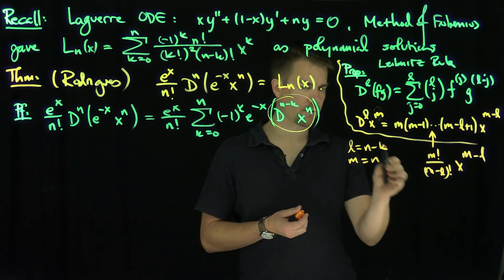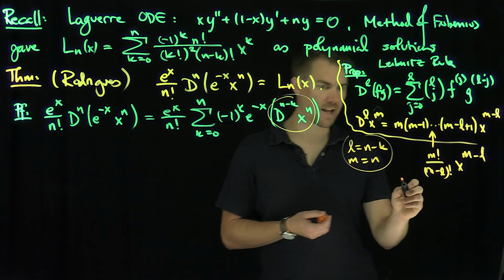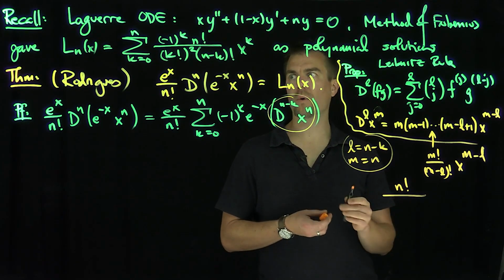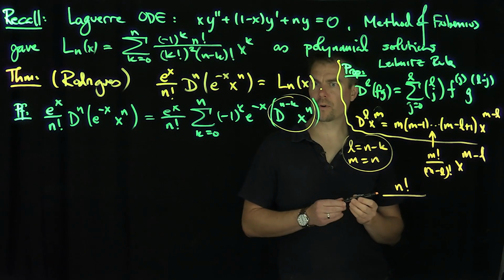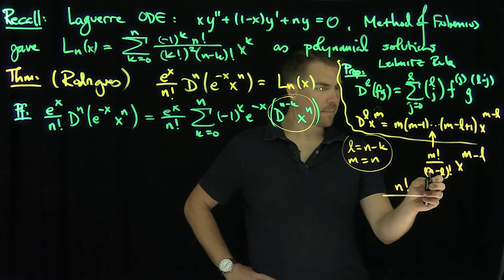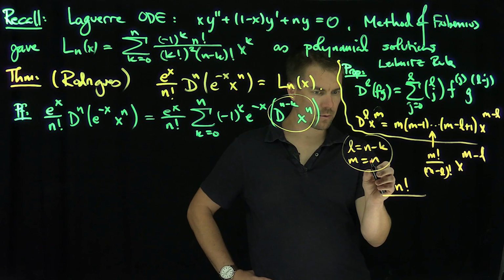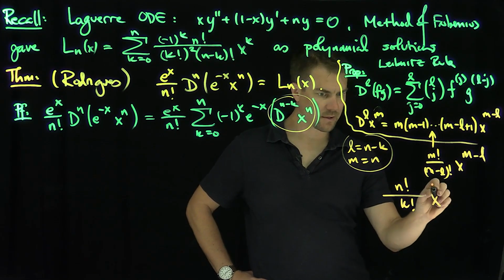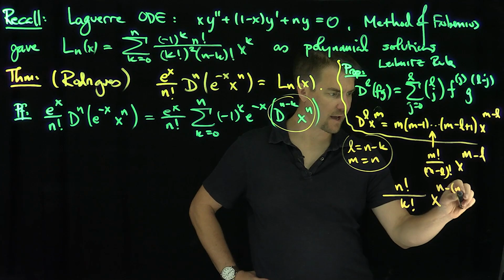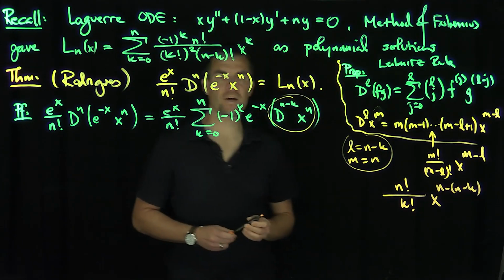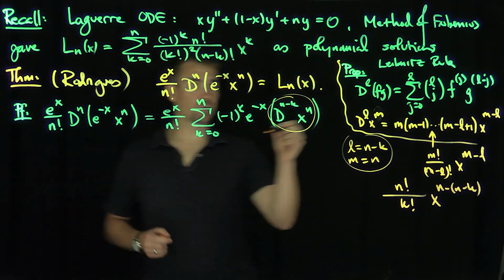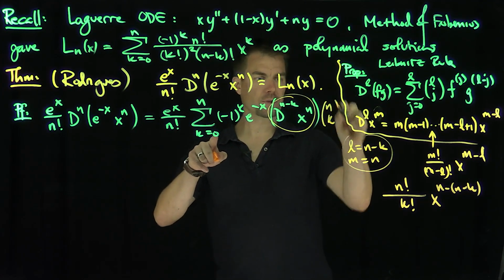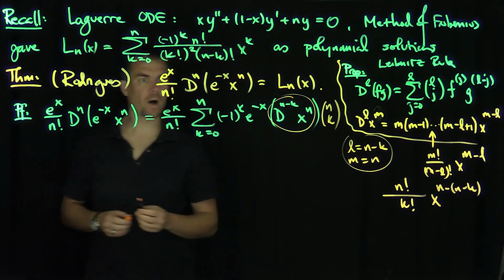So this formula is going to give us n factorial over k factorial, x to the n minus k. And of course, I have an n choose k over here as well. I can't forget that. All right, good.